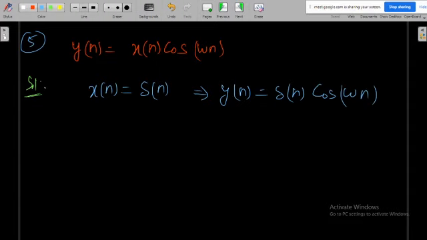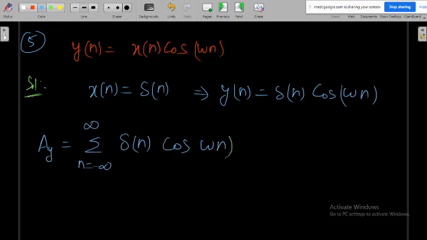Now what is the area under the output? That is the summation from n equals minus infinity to plus infinity of del n cos omega n. Again, this impulse function is coming in a product.